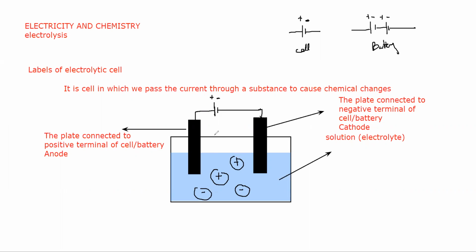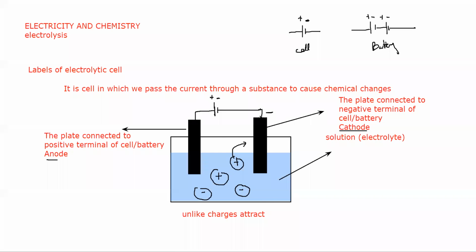Positive ions, which side will the positive ions move, towards anode or towards cathode? Which side are the positive ions attracted? Cathode. Towards cathode, because cathode is connected to the negative terminal of the battery, and unlike charges attract each other. So as opposite charges attract, the positive ions will move towards cathode.